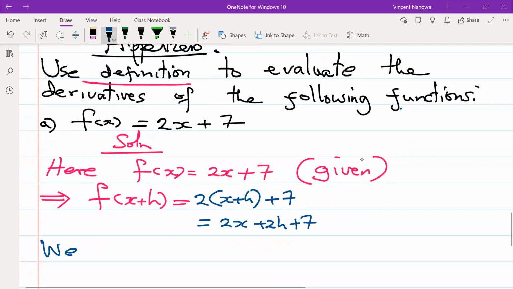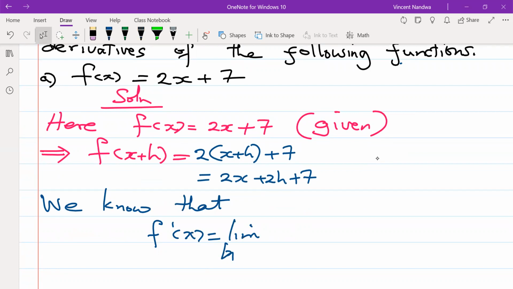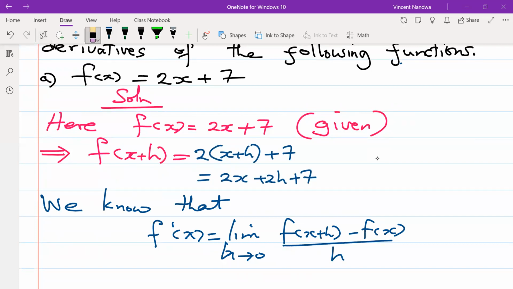So we know that the derivative of a function is given by the limit as h approaches 0 of f of x plus h minus f of x divided by h. That's what we call the derivative by definition. So what happens now is just to put in the value we have as f of x plus h, subtract the value we have for f of x, and then divide by h.